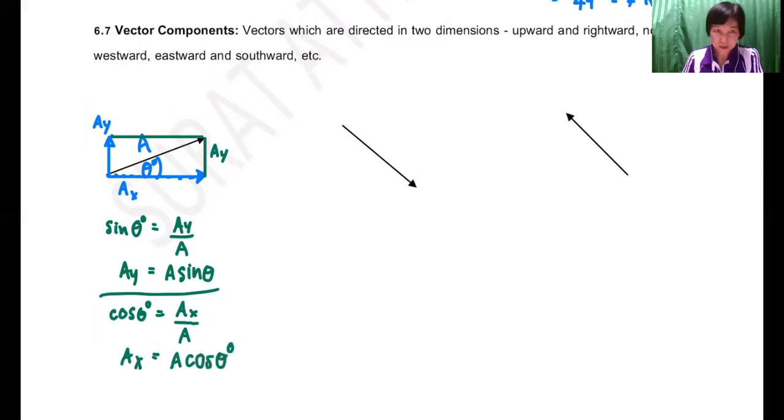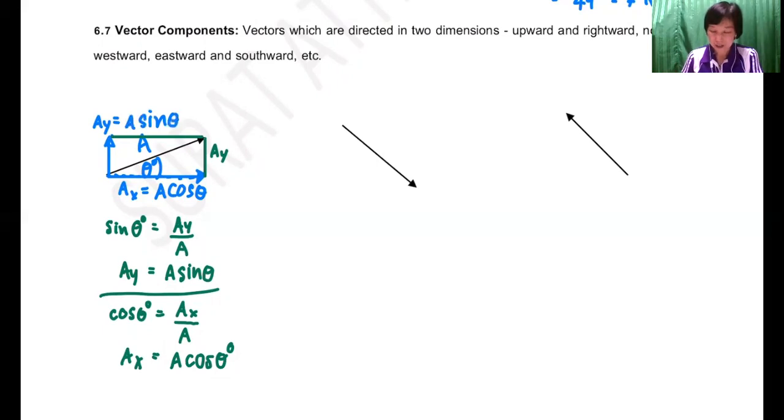Now I will summarize and write down here that the component Ax equals A cos theta, and Ay equals A sin theta.